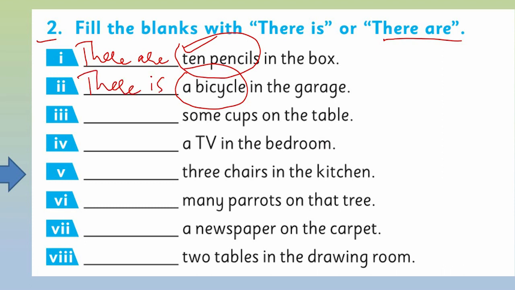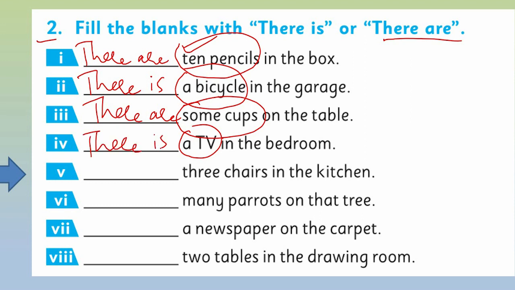Look at the third one, some cups on the table. Yes, we have some cups, more than one. So we will add there are here. Look at the fourth one. TV in the bedroom. Yes, there is only one TV, so we will choose there is here.